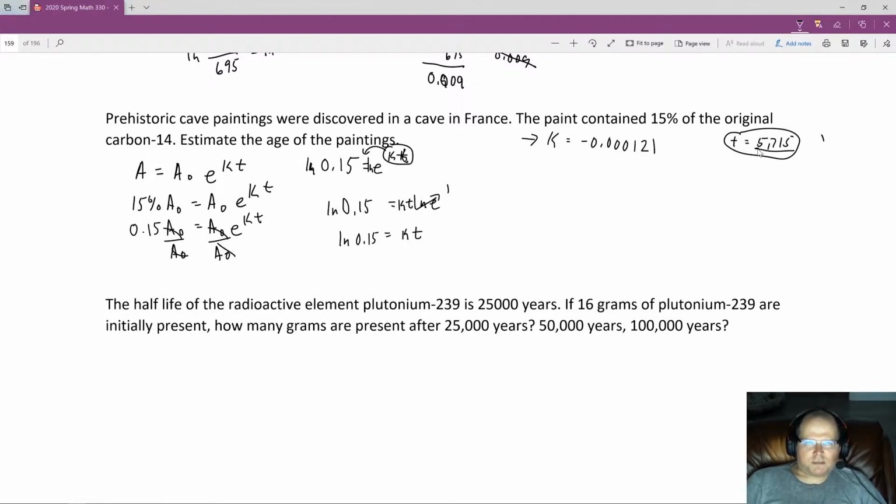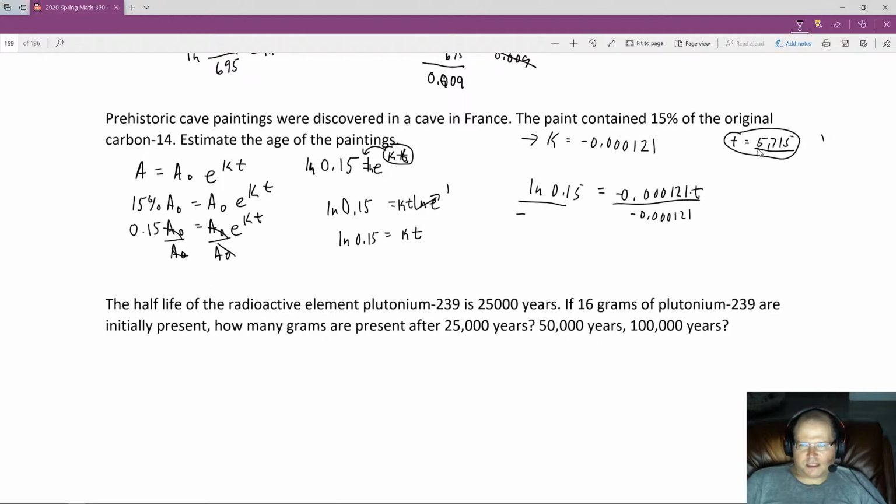So at this point, I'm just going to plug in my k. So it's going to be the natural log of 0.15 is equal to k, which is negative 0.000121 t. And since I'm trying to solve for t, I'm going to undo the multiplication of t by negative 0.000121 by dividing by negative 0.000121.